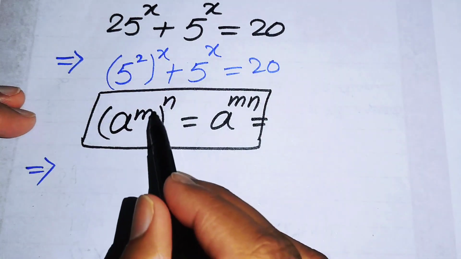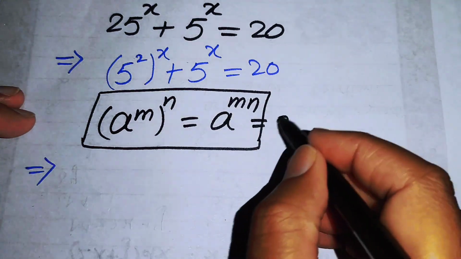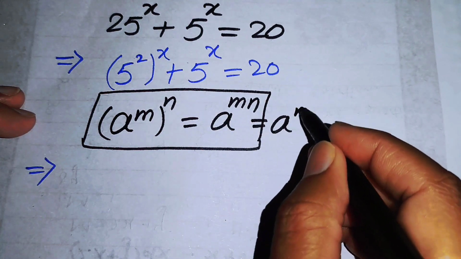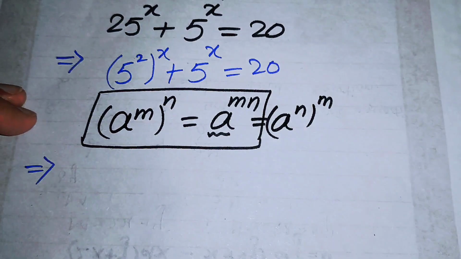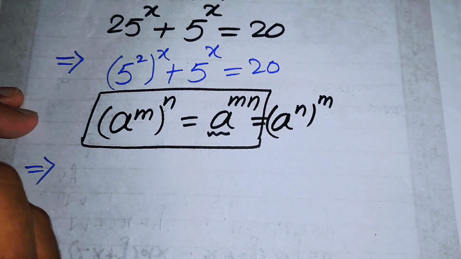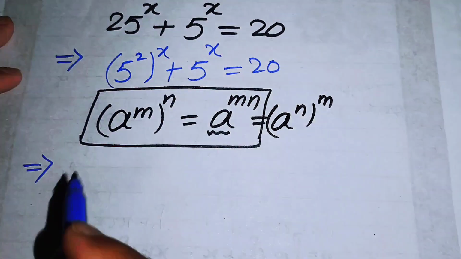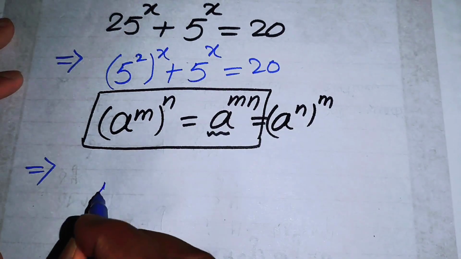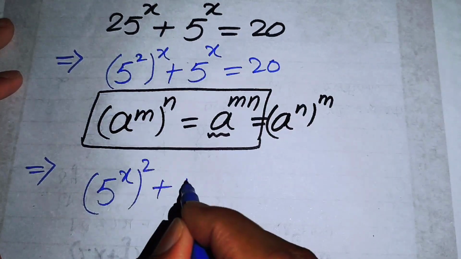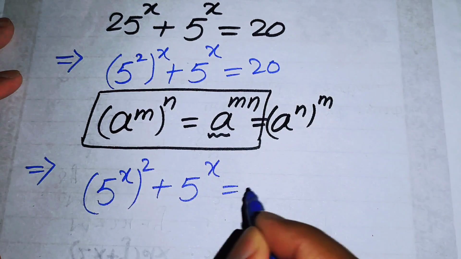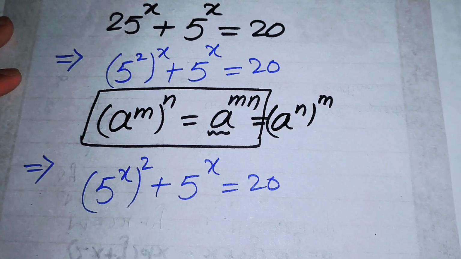If we interchange these exponents, it will also give us the same answer, which is a to the power of m times n. So first I can interchange these exponents, and we can write it as (5 to the power of x) whole squared plus 5 to the power of x is equal to 20.